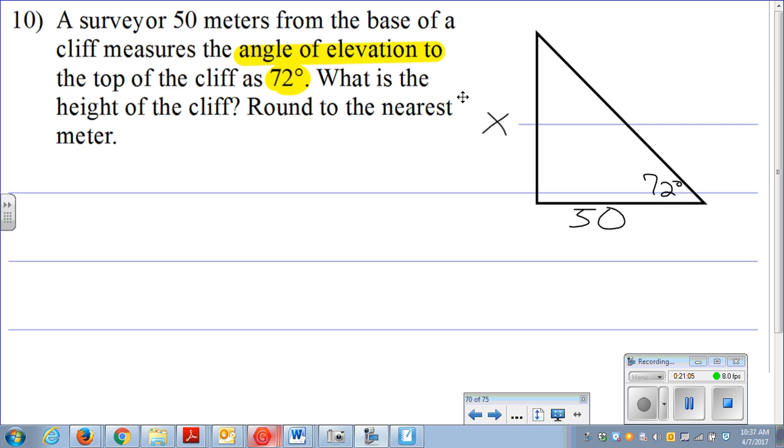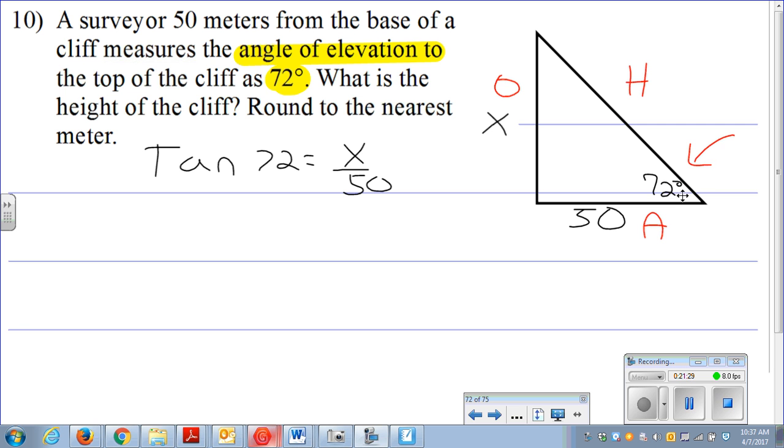Now in this case, the angle of elevation is inside the triangle. There are no alternate interior angles we need to do here, and we're just going to go ahead and work our trig. We're going to label the triangle: hypotenuse, angle, opposite, and adjacent. Pick the correct trig function.